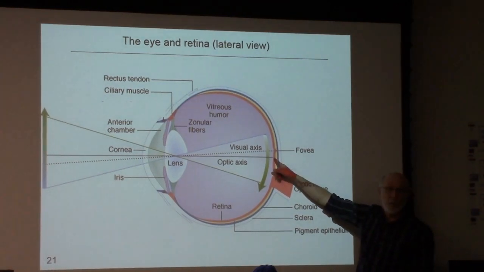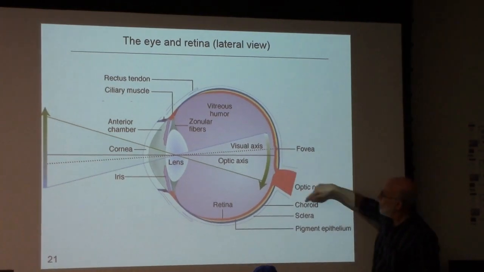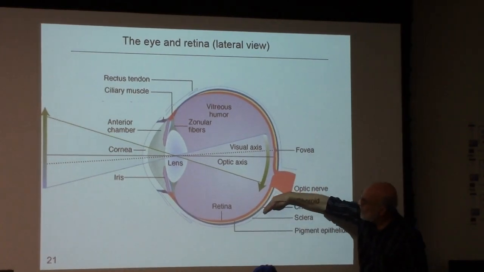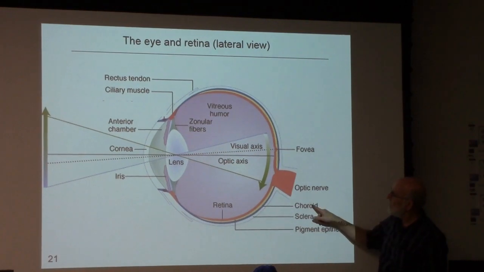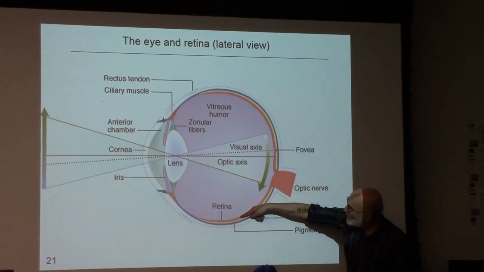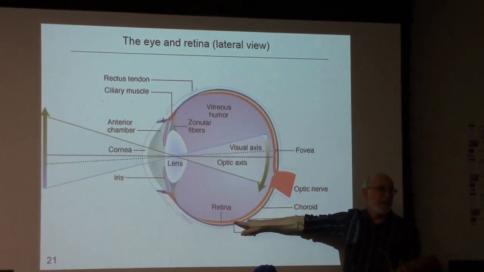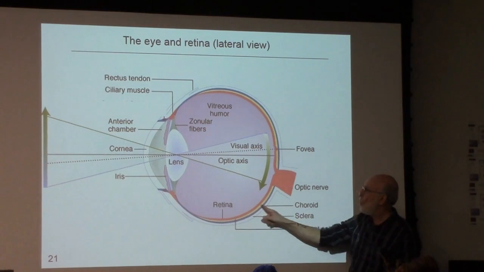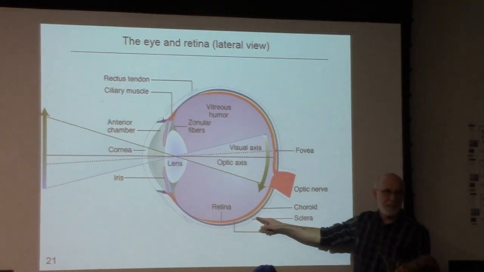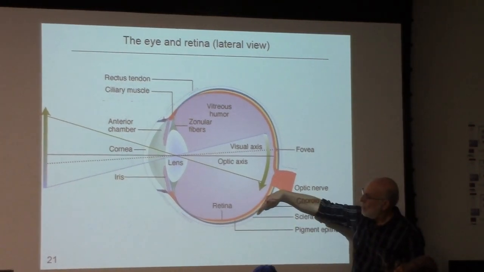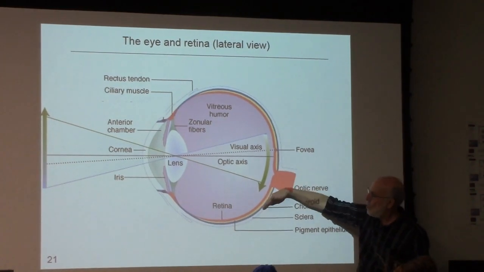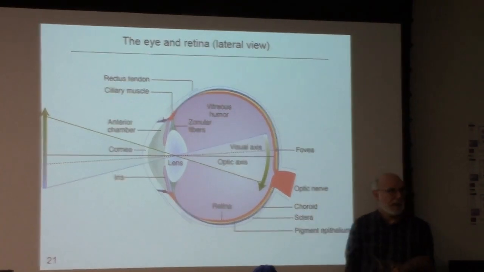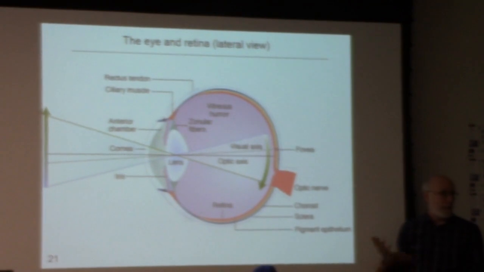We'll talk about the layers of the retina in a minute. There is the outside of the retina. The retinal pigment epithelium is going to be an important nutritive layer for the retina. The choroid is another layer, and then the sclera. So retina, pigment epithelium, choroid, sclera is the layering at the back of the eyeball.